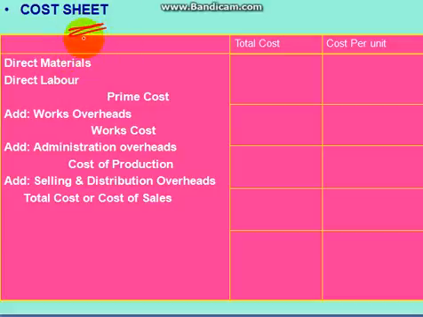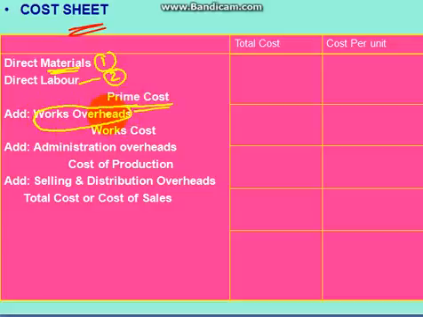Here we take the cost sheet. First, the direct materials are taken over here. Second, the labor is used, or what kind of direct labor is there. So basically prime cost is taken into consideration, where different kinds of work overheads are taken.